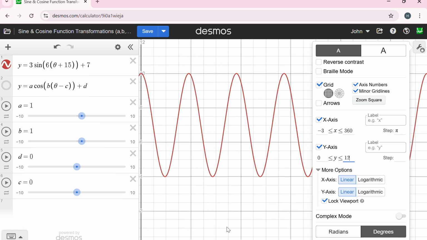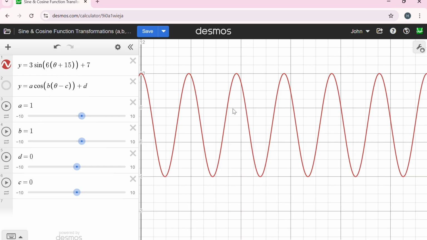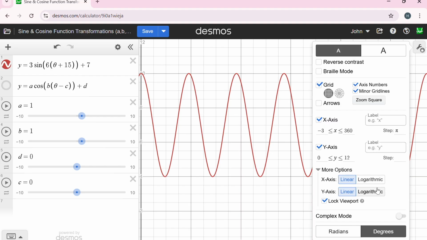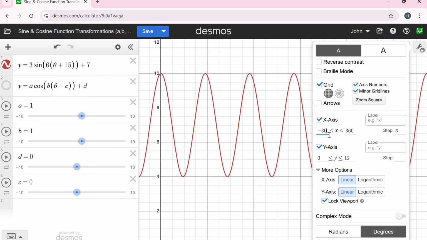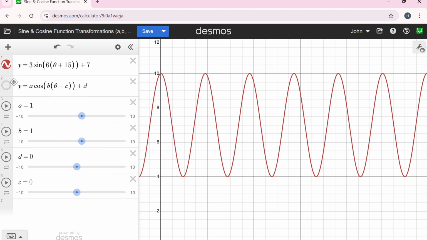Okay, there is our graph. Okay, let me go, oops, no, that's fine. I'm going to go in negative 30. Okay, all right, so if I compare this to the sine graph without the phase shift, so let me plug this in here, 6 and 7.